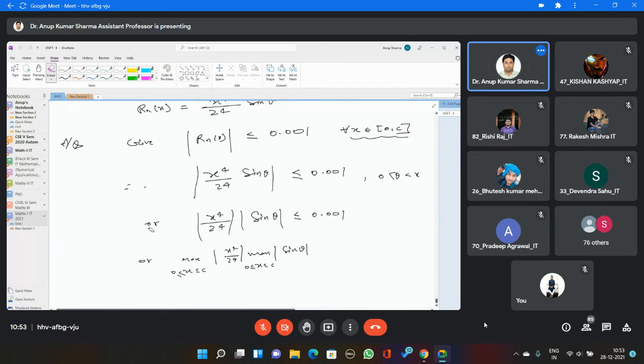We are not counting. We stop here. Say it equation number 2. Here theta is less than x and greater than 0.